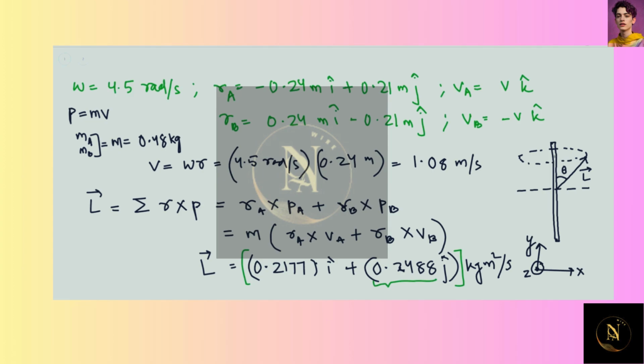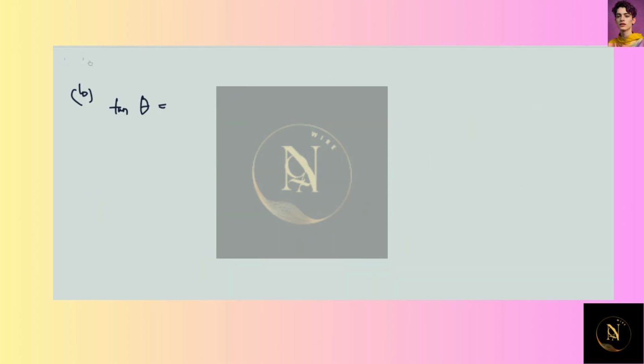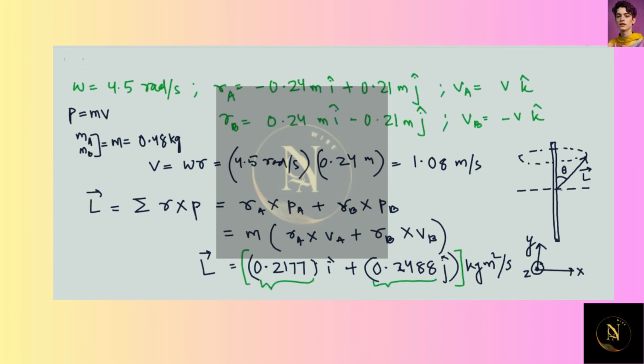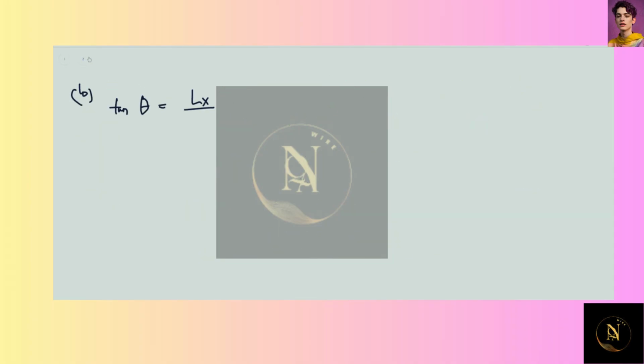In this case, the perpendicular component is the x component of L, so that is Lx, and the base is the y component of L, so we write Ly here. So from here we can find theta, which will be equal to tan inverse of the ratio Lx over Ly.